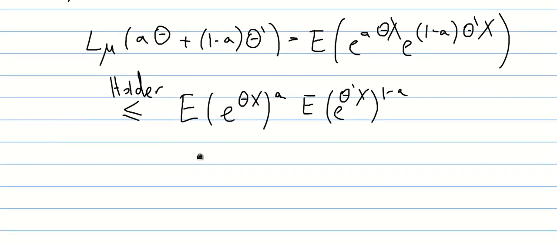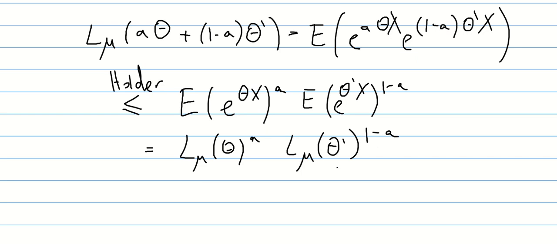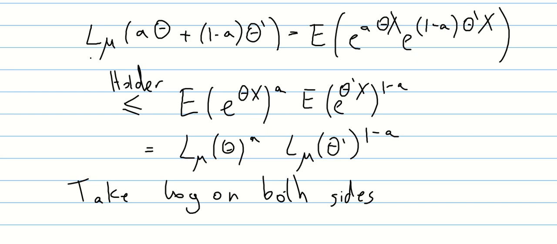So this is very convenient for proving convexity, because now this is just the Laplace transform of mu at theta to the a, the Laplace transform at theta prime to the 1 minus a, and after we take logarithms on both sides, we get here exactly what we are looking for, the log of the Laplace transform evaluated at this convex combination. And on the other hand, we have a times the log plus 1 minus a times the log.